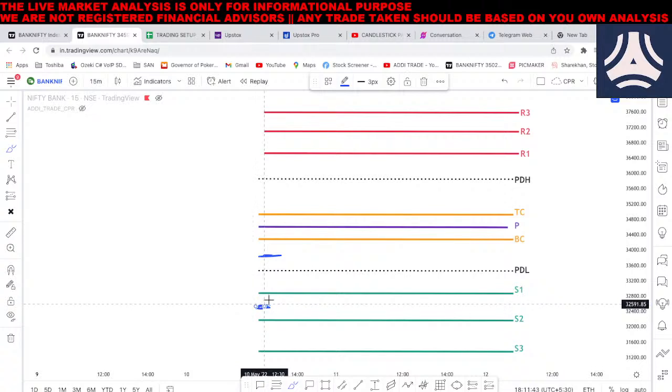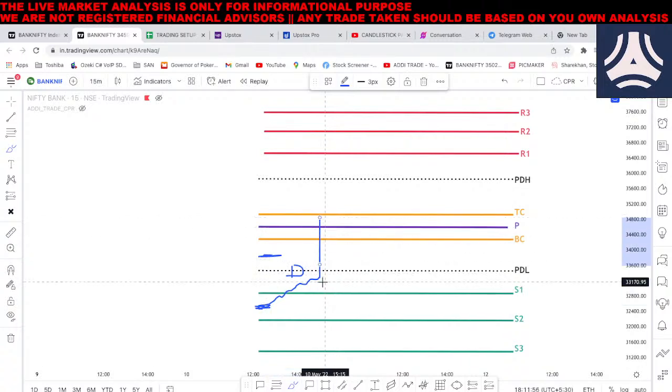If we open here, and the previous day low breaks on the upper side, when the price comes like this and breaks this previous day low, most likely we will hit the CPR. So once this previous day low breaks, we can take an entry and be sure that we will hit the CPR level. And the same thing applies from the previous day high.